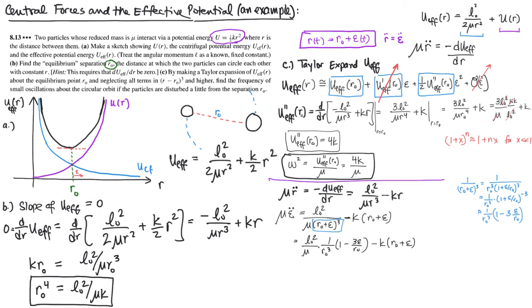Once again, we can use our understanding of how r naught is related to L naught squared. So I'm going to replace L naught squared with mu times k times r naught to the fourth. So mu times k times r naught to the fourth, that's our L naught squared.